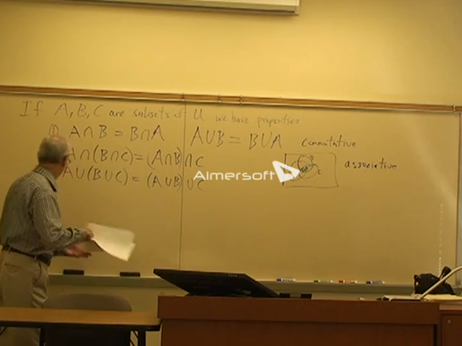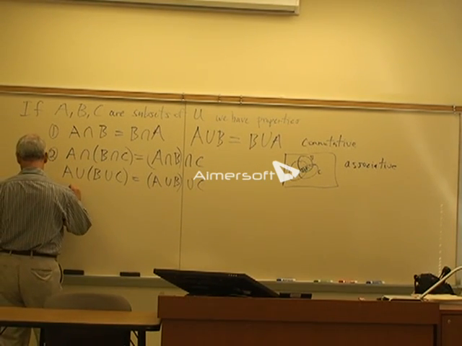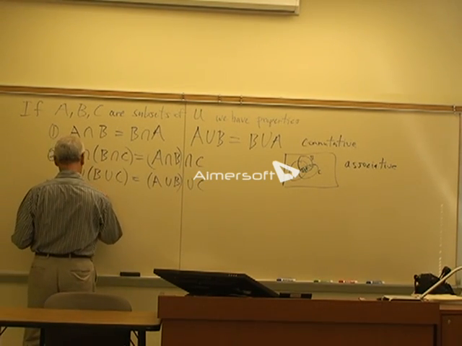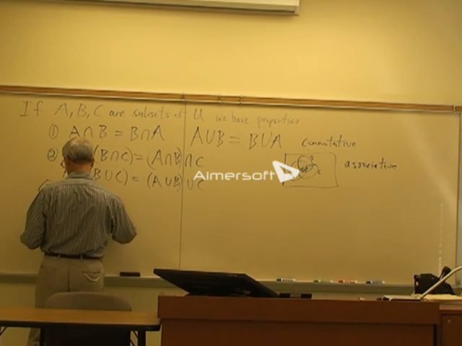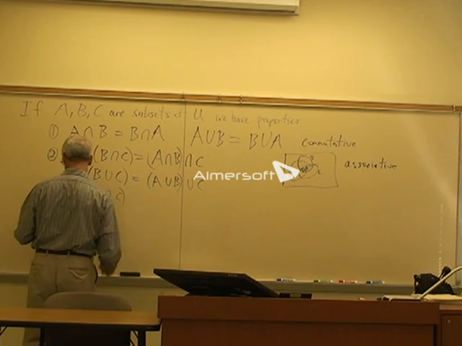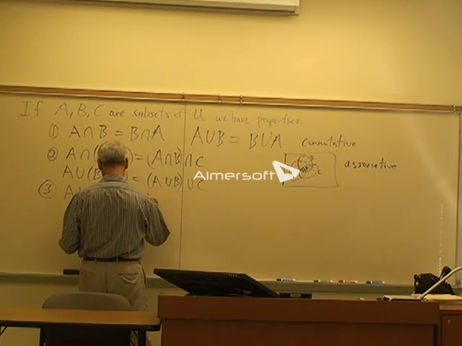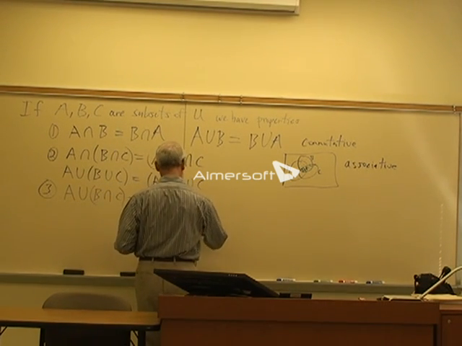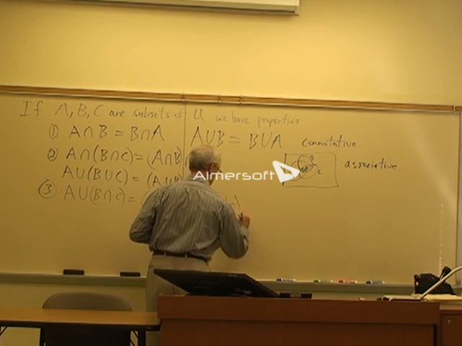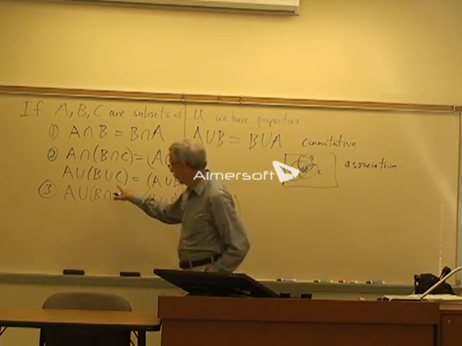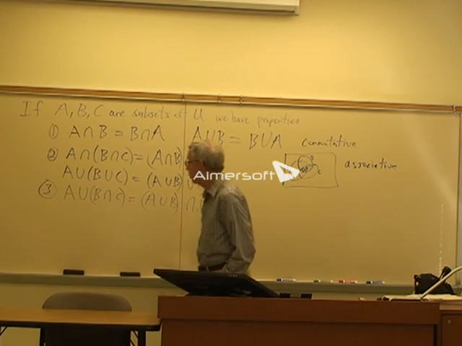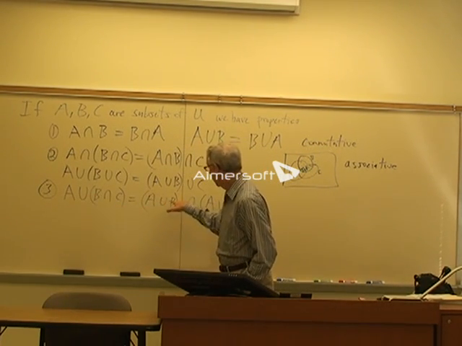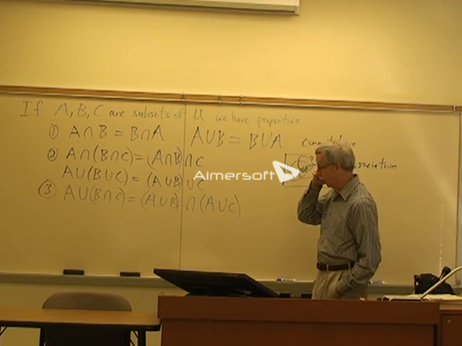Okay, the next one is really important. Next pair of properties. If I first take the intersection of two sets and then form the union with another set, the claim is that's the same as taking the union of that set A with both of them individually and then taking the intersection.